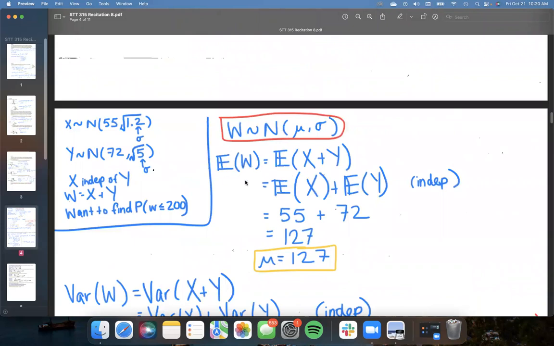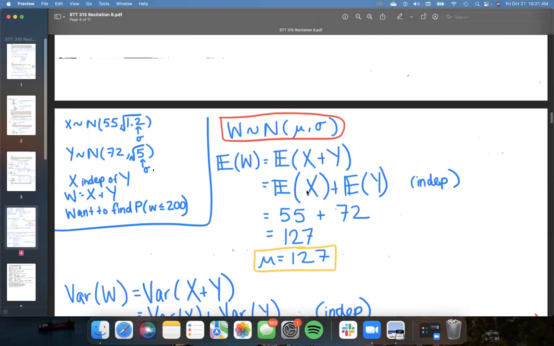So first, let's find the expectation of W, our mean. We have W is X plus Y, so the expectation of W equals the expectation of X plus Y. And because we're given that they're independent, the expectation of X plus Y equals the expectation of X plus the expectation of Y. That's because of independence.